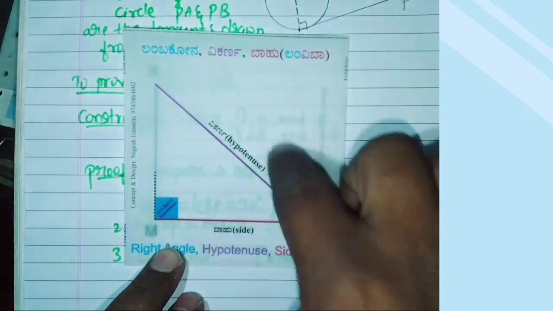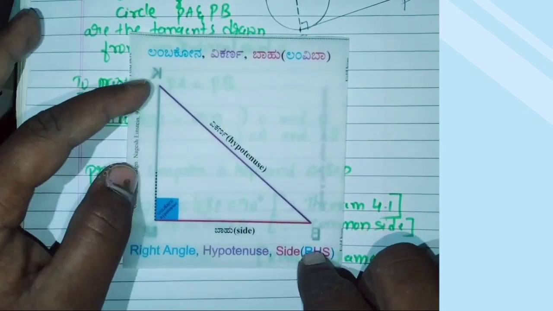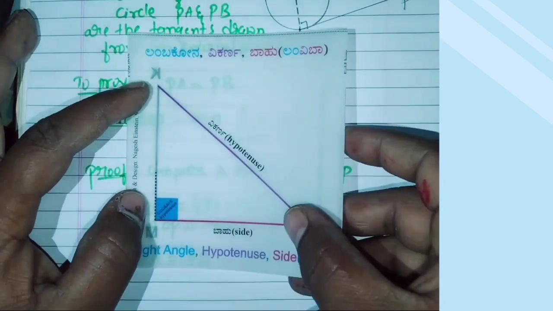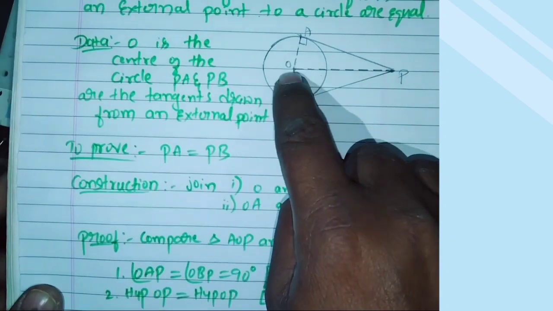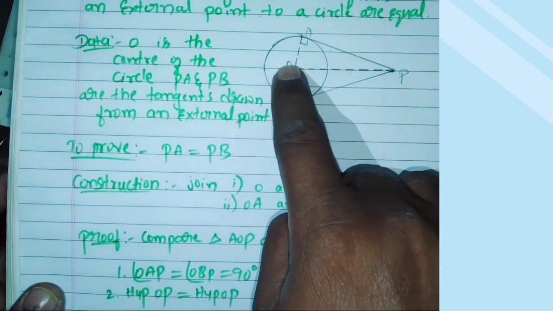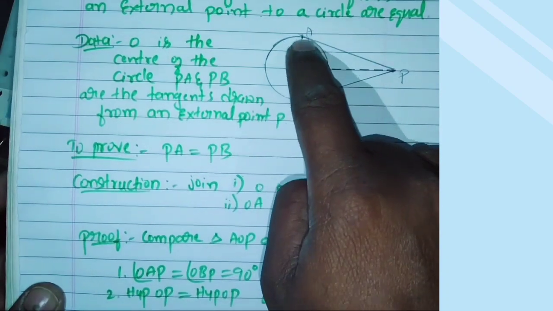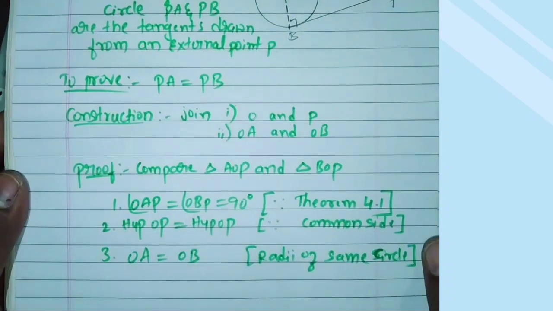So this is a right angle, hypotenuse, side. This RHS congruency rule we have to use here. This is the 90 degree angle. Opposite to this, OP is the hypotenuse and this is a side. So that's why we are using it.